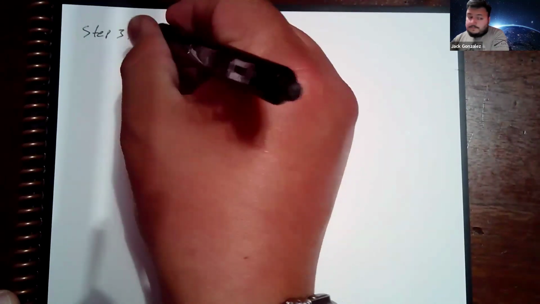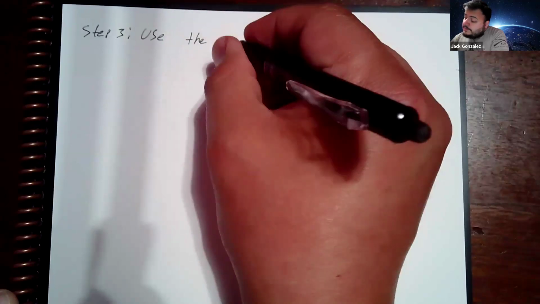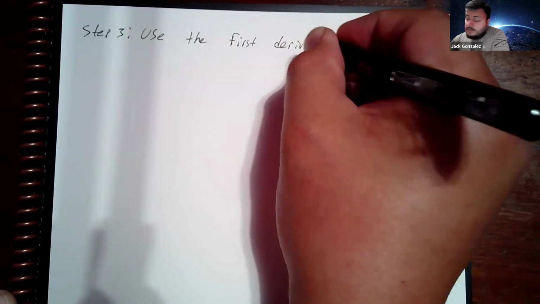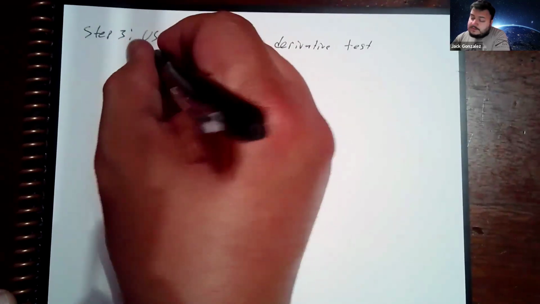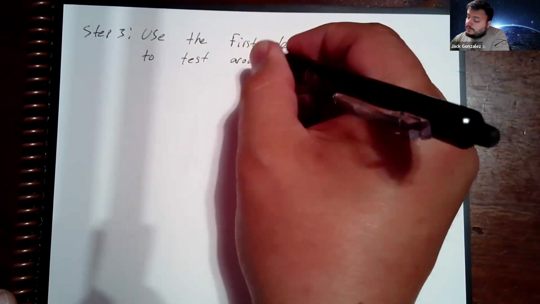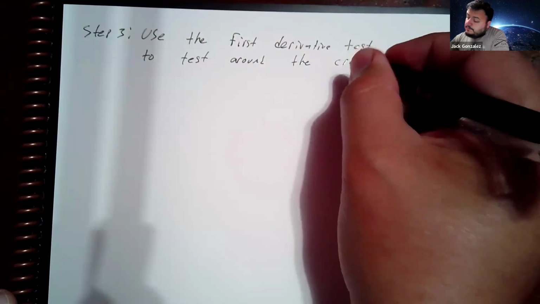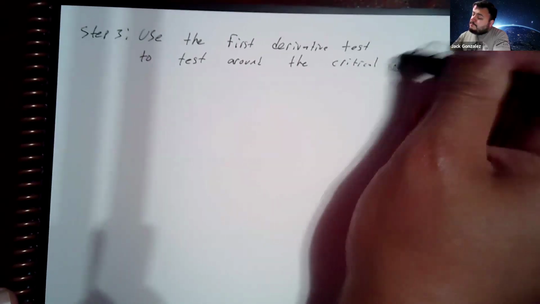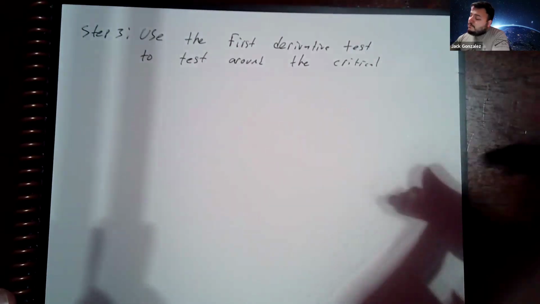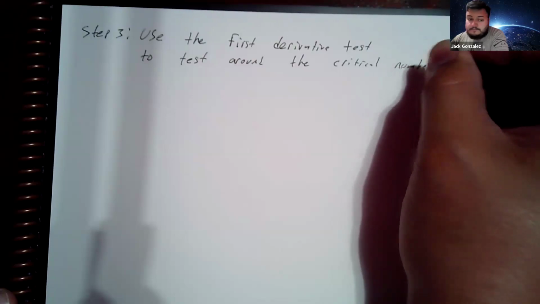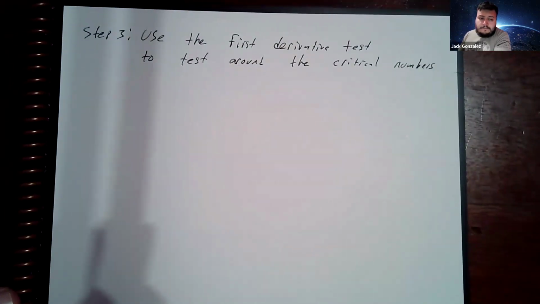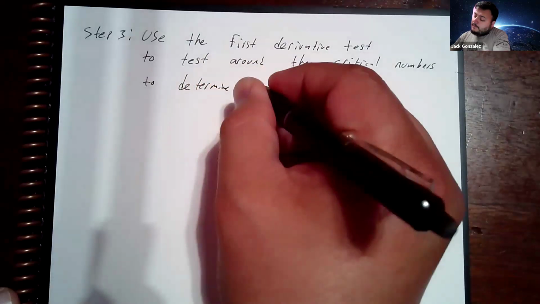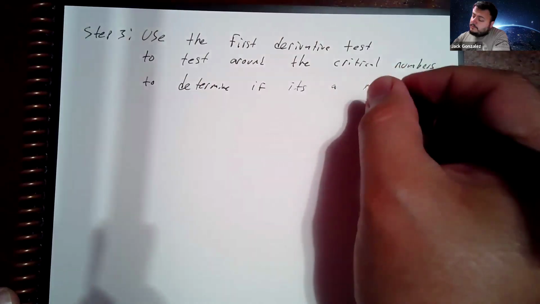All right. So we use the first derivative to test around the critical point, or I guess you say the critical numbers, to determine if it's a max or min.